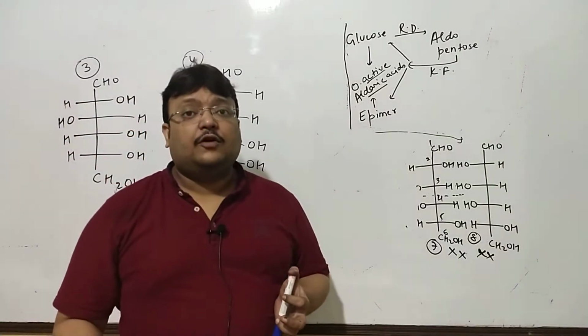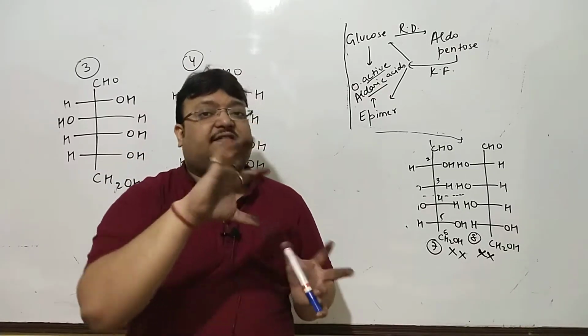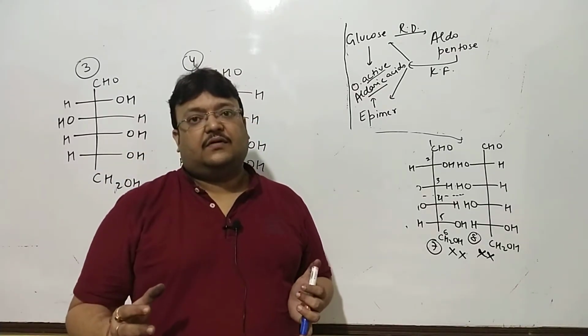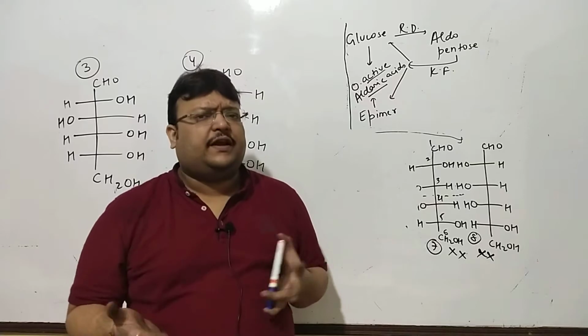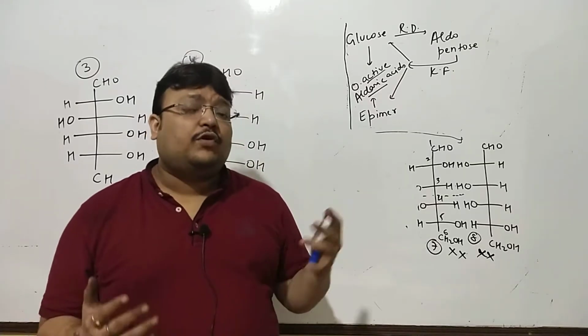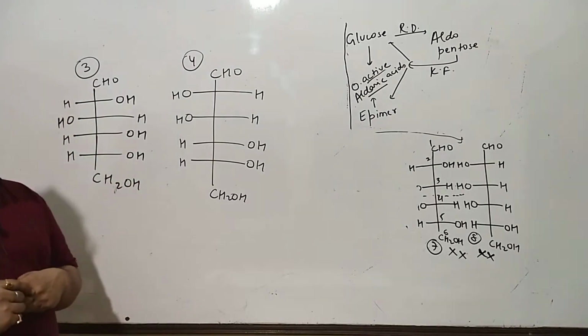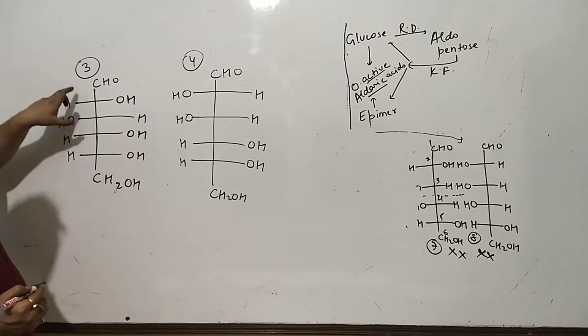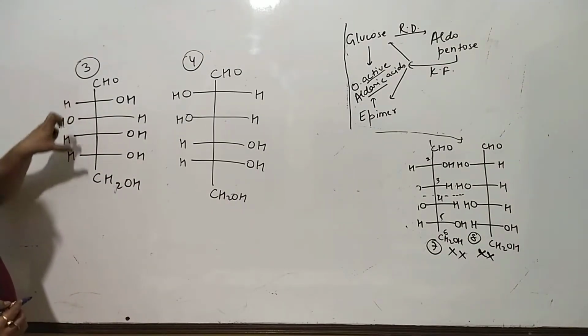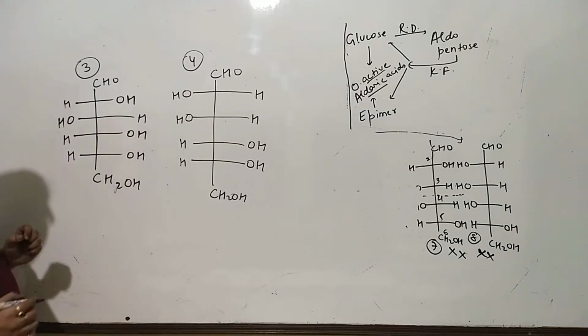Somehow Fischer could interchange the ends of this Fischer projection, both for 3 and 4.